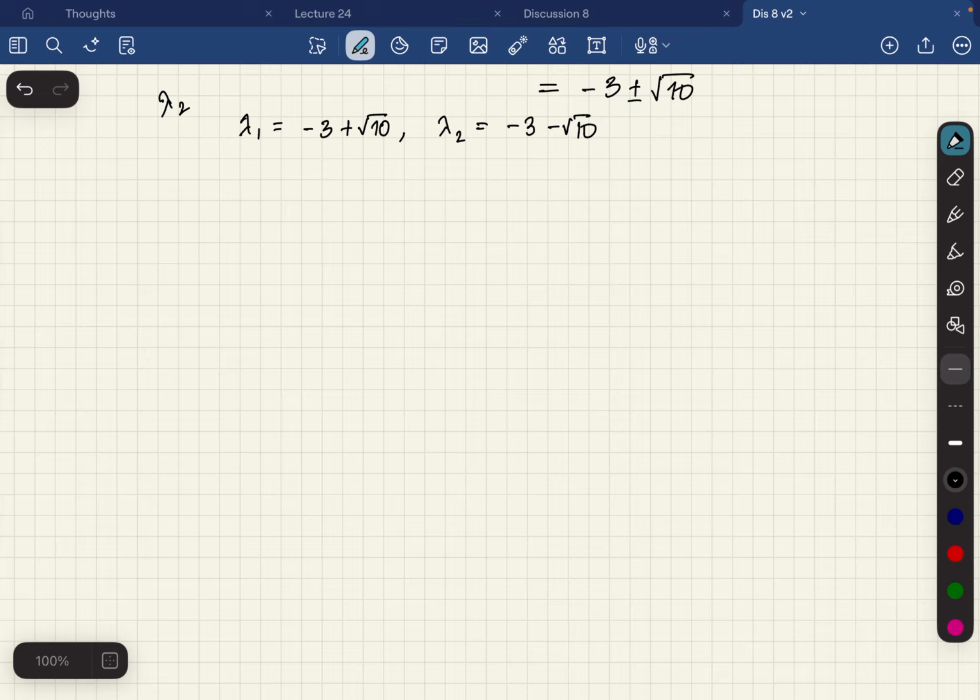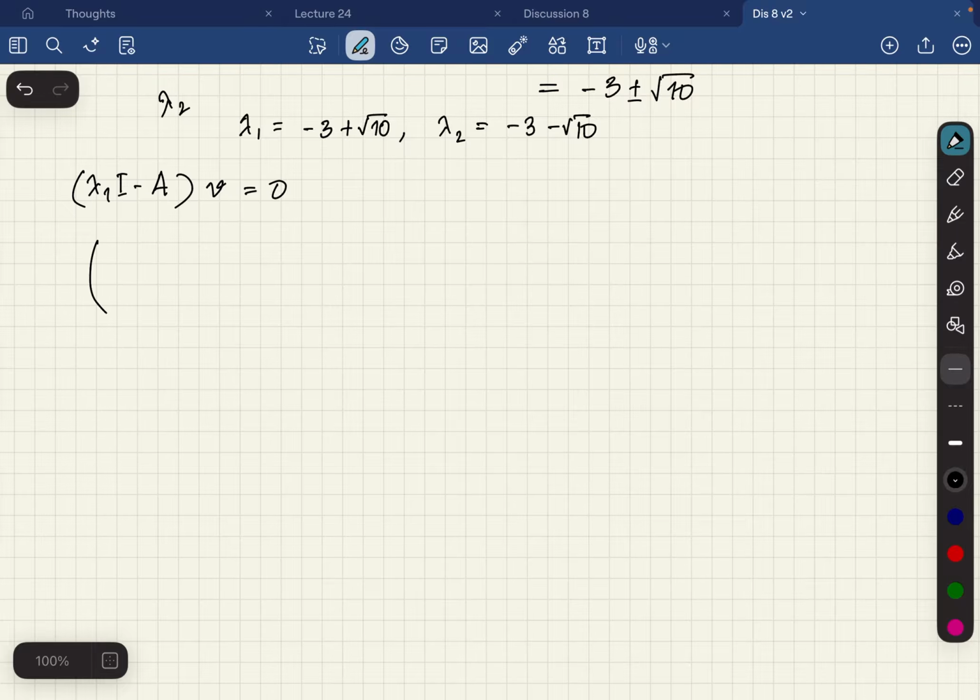So if you go ahead and find out, you simply plug this in, lambda I minus A, and we know that this is 0 if you plug in the eigenvalues, which is what we found. So if you multiply it with any vector, we are going to get 0. So let's plug in lambda 1.